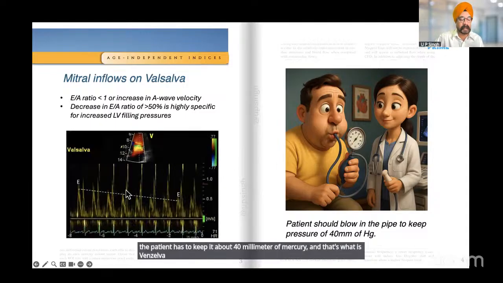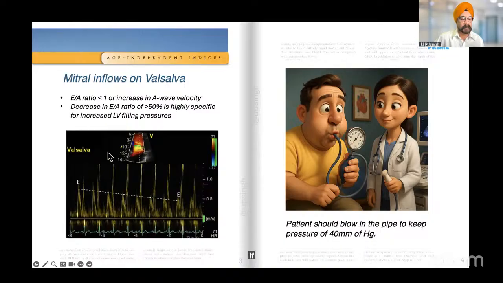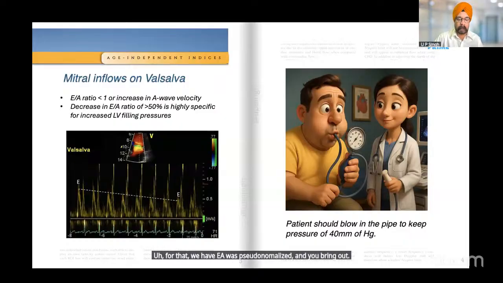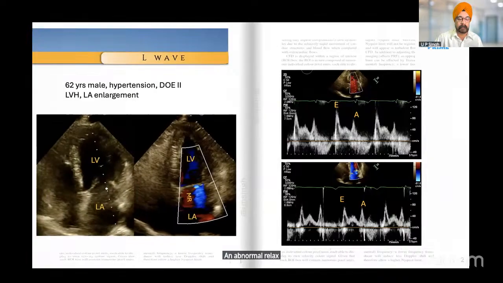And during Valsalva, if the E to A ratio falls more than 50%, it's kind of specific for that. We have an E/A that was pseudo-normalized, and you bring out an abnormal relaxation pattern with this interesting phenomenon.